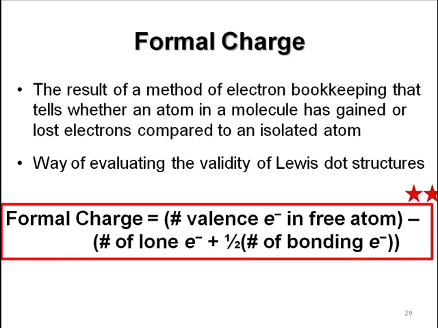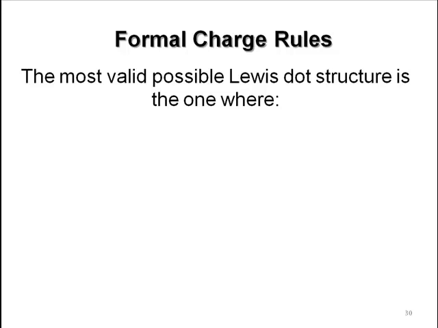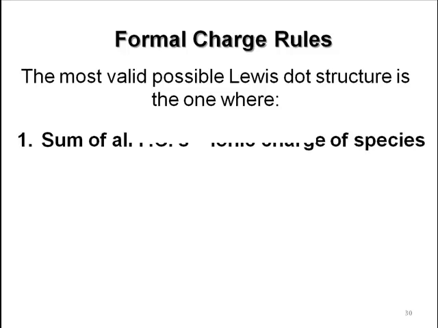All right, so let's look at the formal charge and how it works, what all of these things mean. The formal charge rules. The most valid possible Lewis dot structure is the one where the sum of all formal charges equals the ionic charge of the species.